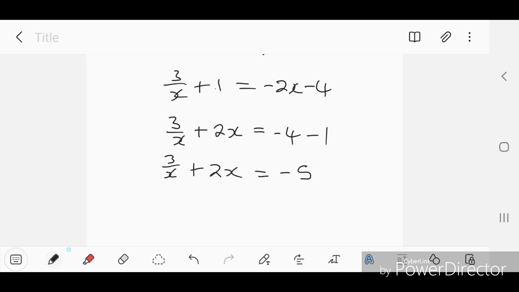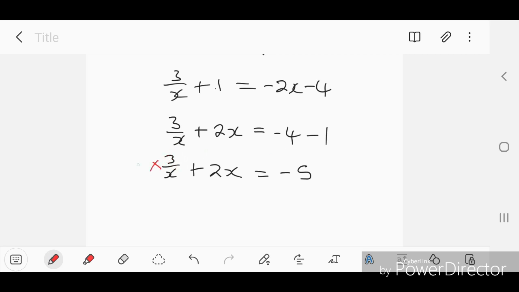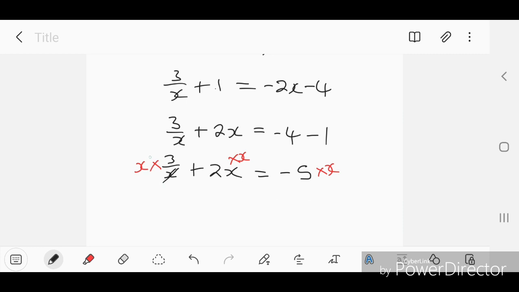Now I must multiply x everywhere so that it comes out of the denominator. Times x, and times x. This is algebra, guys. So this cancels. I'm left with 3 only, plus 2x times x is 2x squared.